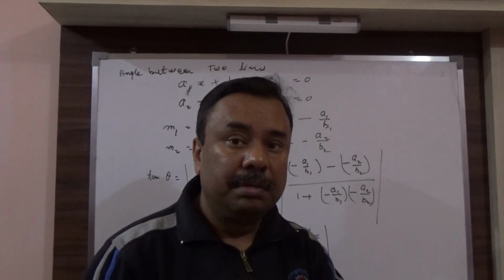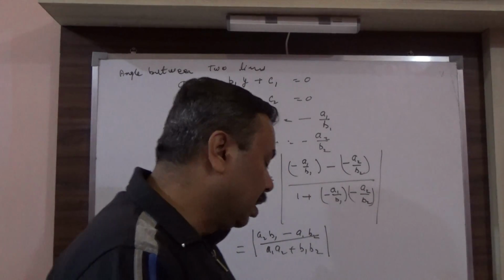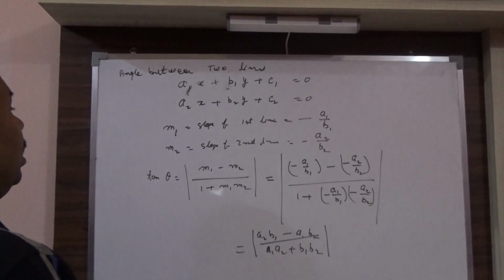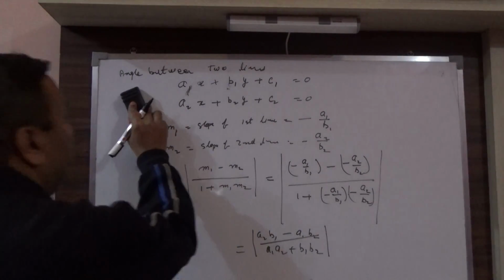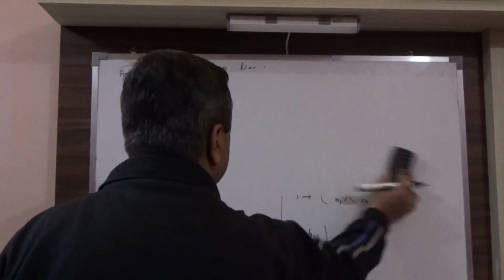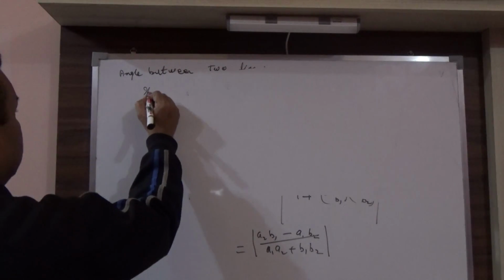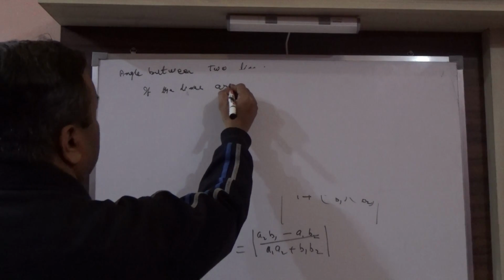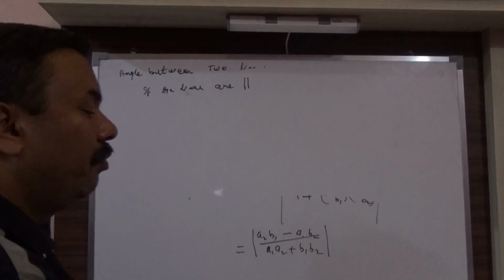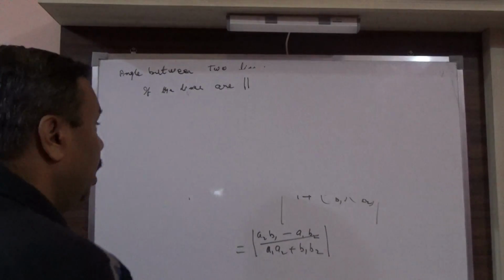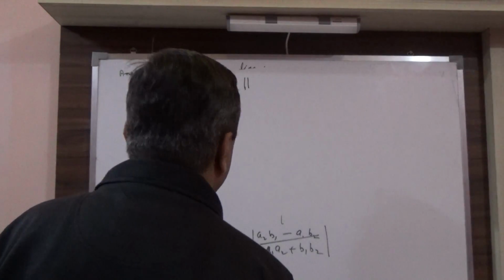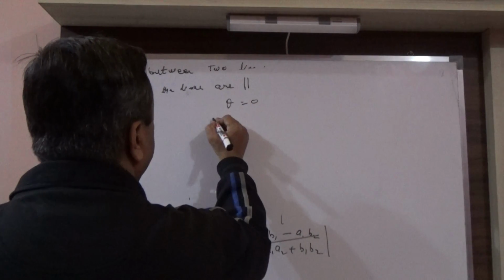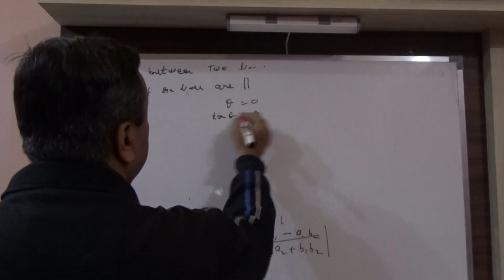Now again, let's go on to the conditions. If the lines are parallel, what will be the angle between them? 0. So if the angle between them is 0, then theta is 0, that means tan theta is also 0.